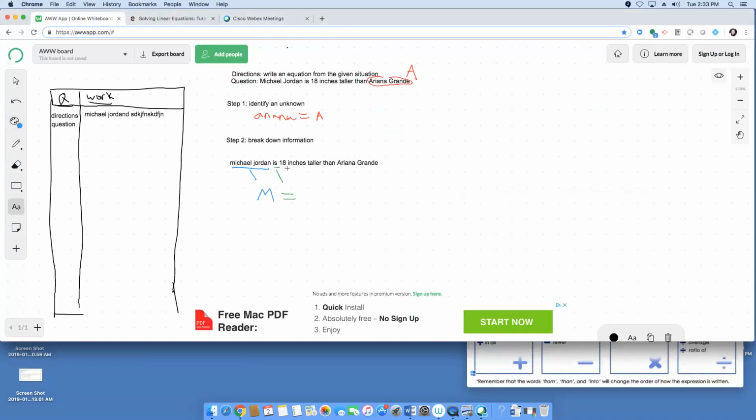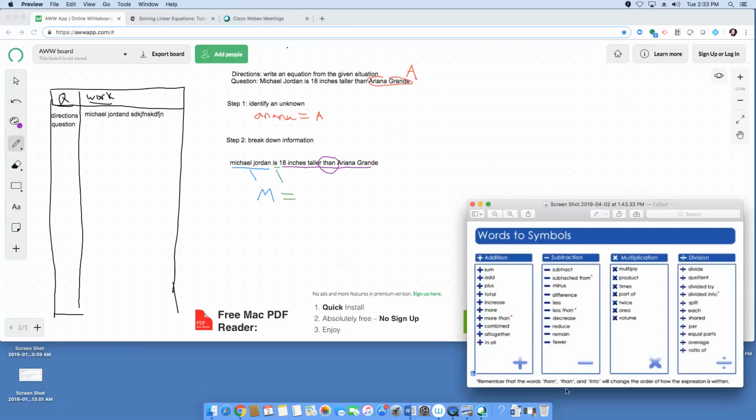So 18 inches taller than, and again, there's this than sign.